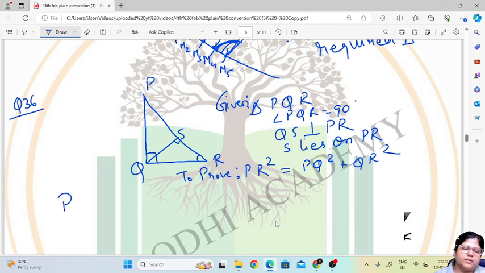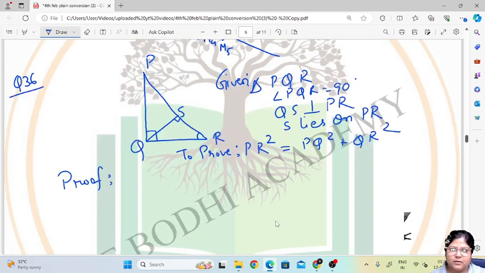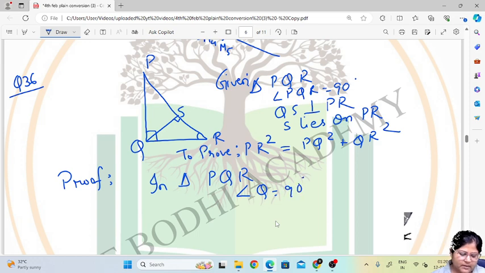Then we start with the proof. Okay, so in triangle PQR, angle Q is equal to 90 degrees.